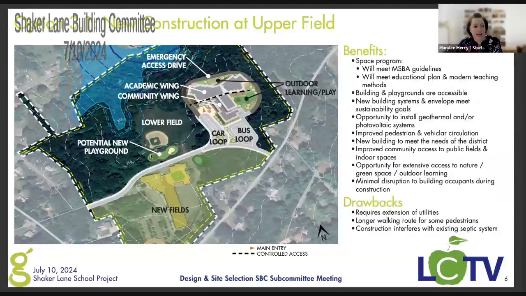You could potentially add a playground here that's not super tied to the school, but is a resource for the town. We preserve this lower field as well for the town, and then the community parts of the building, such as the gymnasium, cafeteria, maybe the media center, is all part of the building here. So this really ties it into the community in terms of saying that this is not just for these students, but this is for all of us.